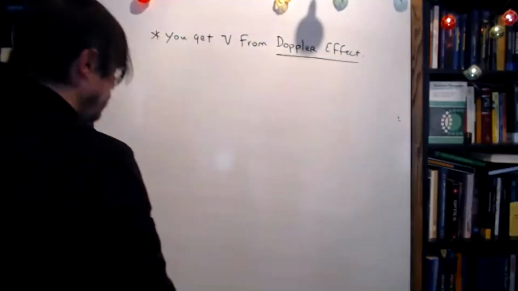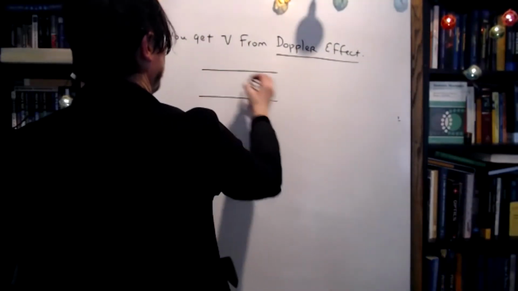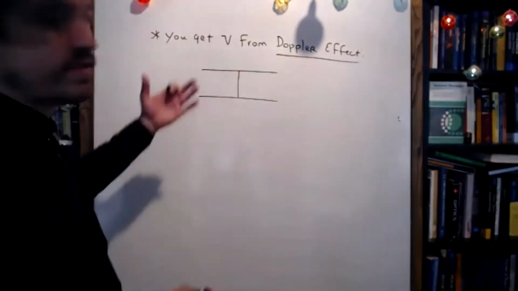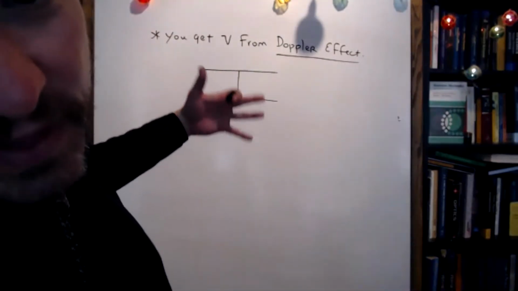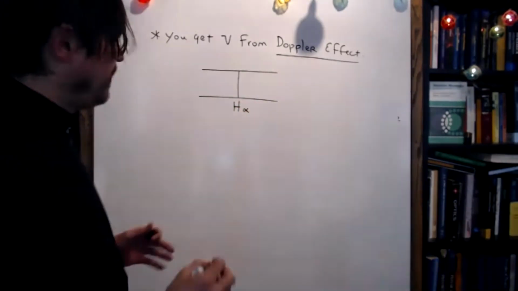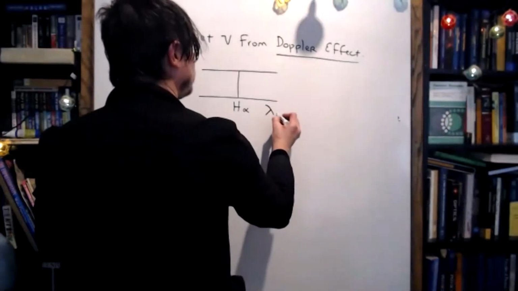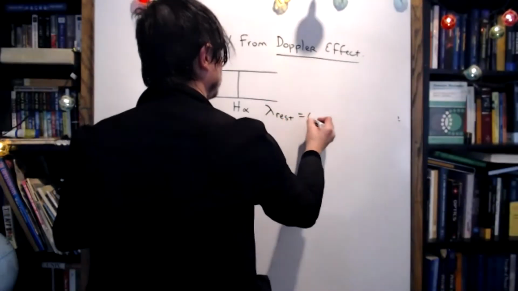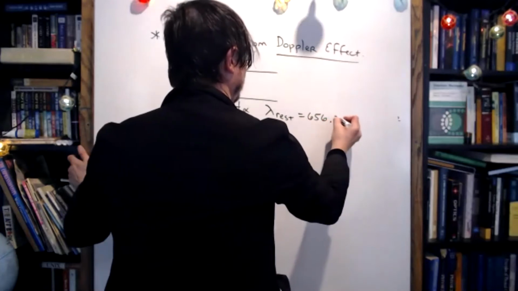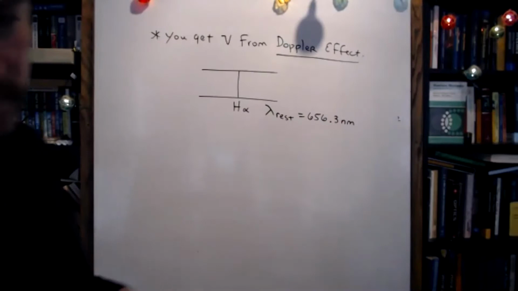Okay, let's assume that we have some rest wavelength. And that rest wavelength is an absorption line feature, something like hydrogen alpha. Hydrogen alpha, when it's at rest, has a rest wavelength of 656.3 nanometers.